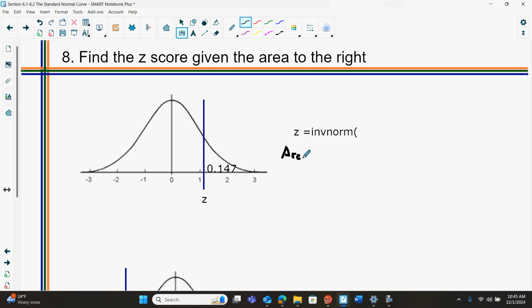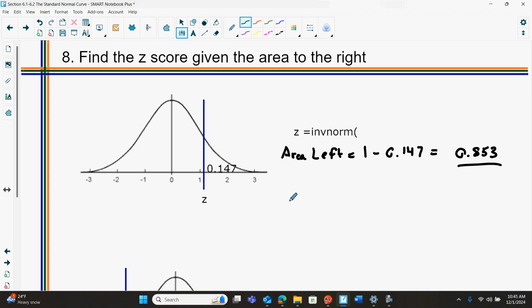So area to the left equals 1 minus 0.147, which if you put into your calculator is going to give you 0.853.